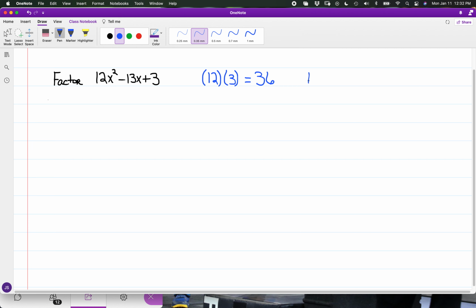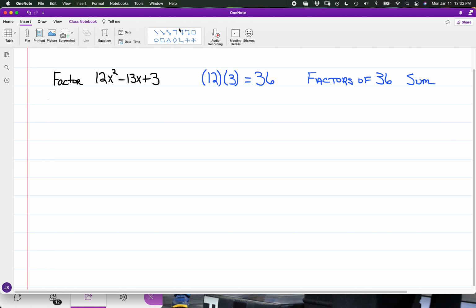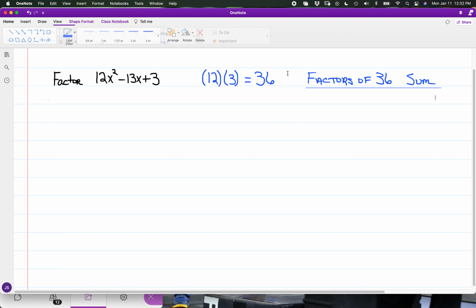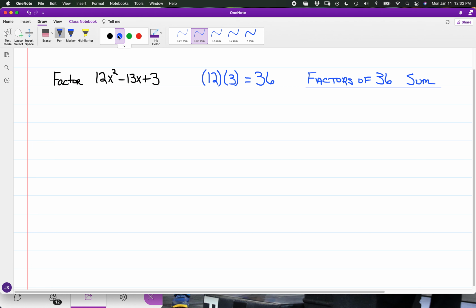So once again, for the factors of 36 that we're looking for, we just formed 36 by multiplying out 12 and 3. And of course, 12 and 3 will not add up to negative 13. Instead, we have the sum to be 15.